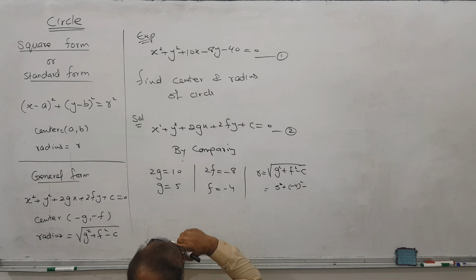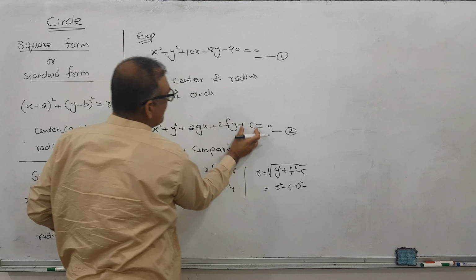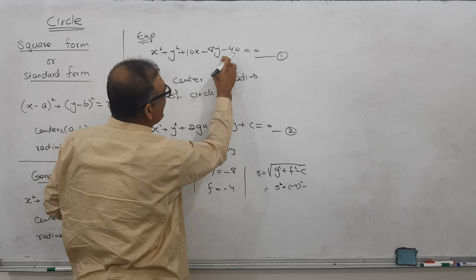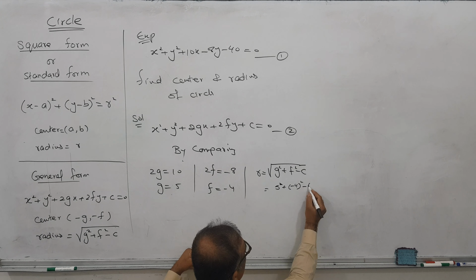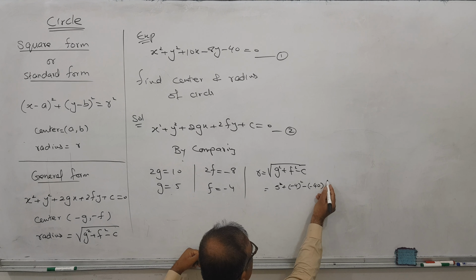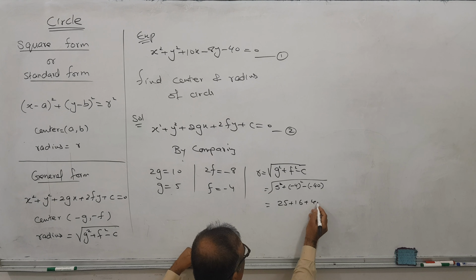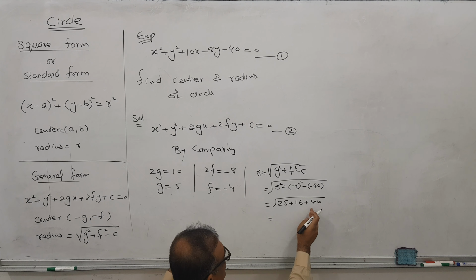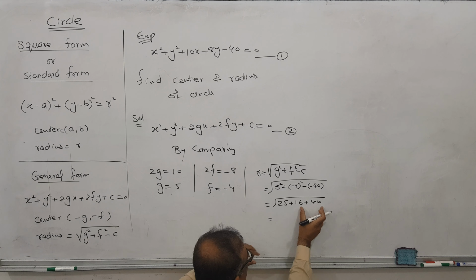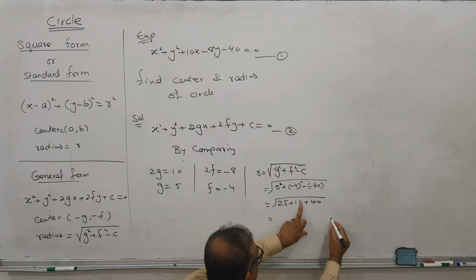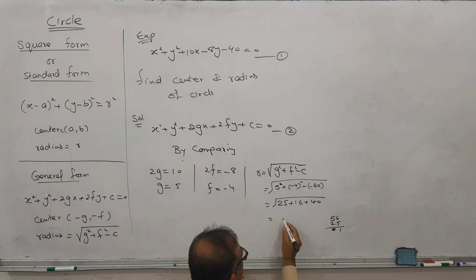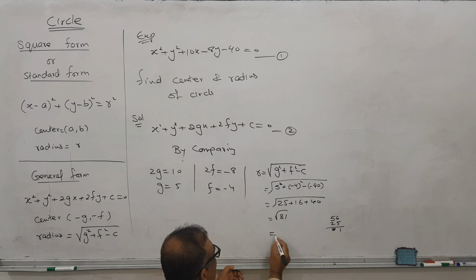Compare c, so c is minus 40. So this becomes 25 plus 16 plus 40, which is 81. The root of 81, all of you know, gives 9.